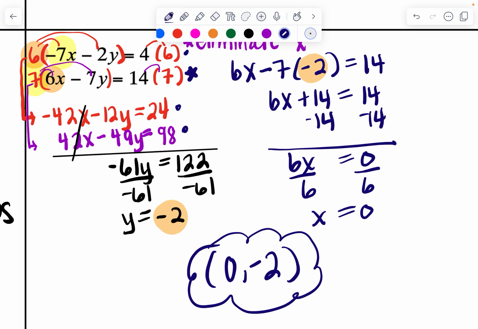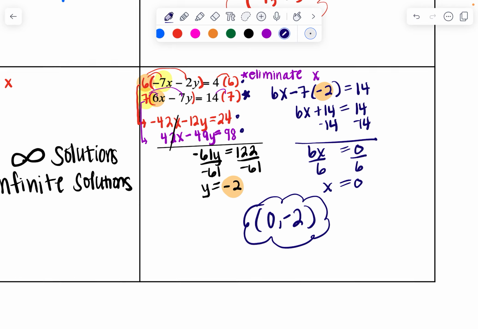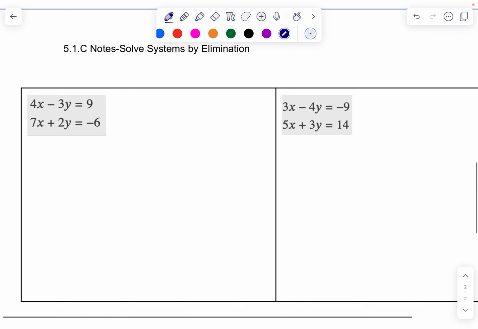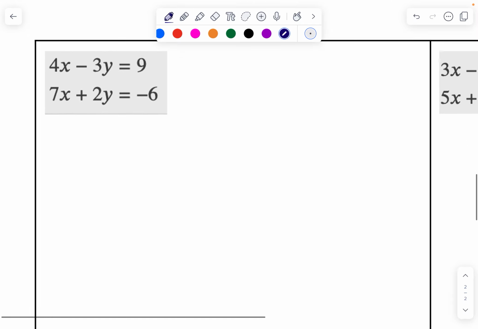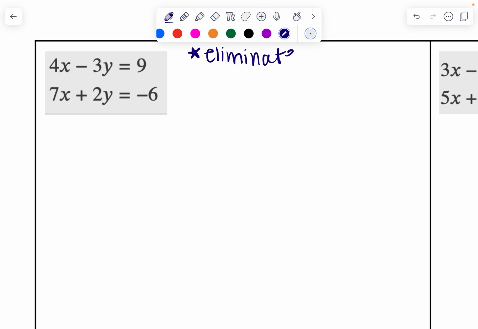All right, let's look at 2 more where we're going to have to multiply both of them. If we look here, again, I don't have opposite numbers in front of my x's. I have a 4 and a 7 in front of the x, negative 3 and positive 2 in front of my y. I'm going to choose to eliminate my y, only because for my y's, one of them is already positive and one of them is already negative.